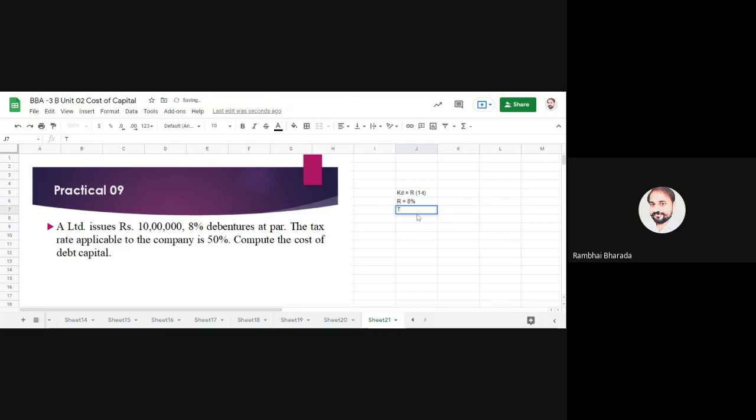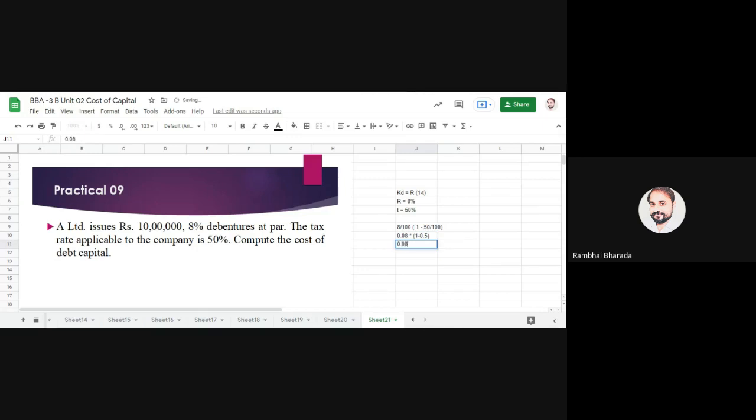Can you tell me the tax rate? T is equal to 50%. Right? Now put these values: 8 upon 100 in a bracket 1 minus T. T means 50 upon 100. So 0.08 into, in a bracket, 1 minus 0.5.